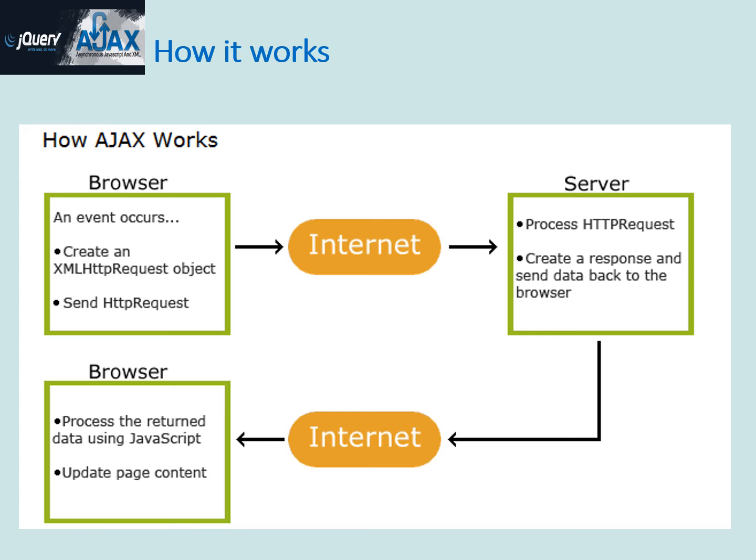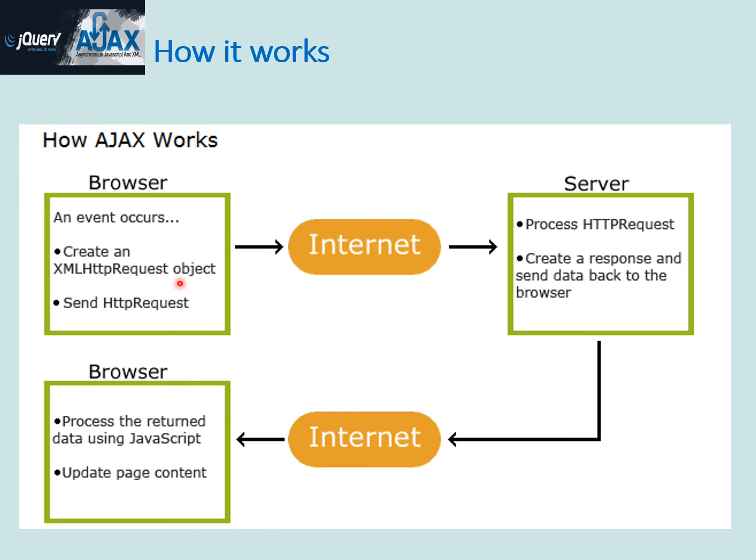In this diagram, the client server communication is initiated by the client. Here our browser, in the case of the internet, is the client. Whenever an event occurs on the browser side or client side, the browser will create an XML HTTP request object.